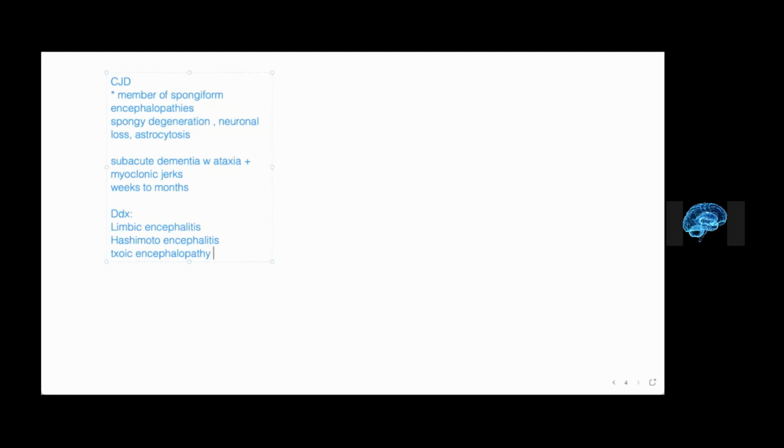Toxic encephalopathy. Does anyone know what patients can get toxic encephalopathy? Substance abusers? Yeah, substance abusers, and what else? I'm looking for a specific population of patients. Remember I talked about how they always hunt in packs.